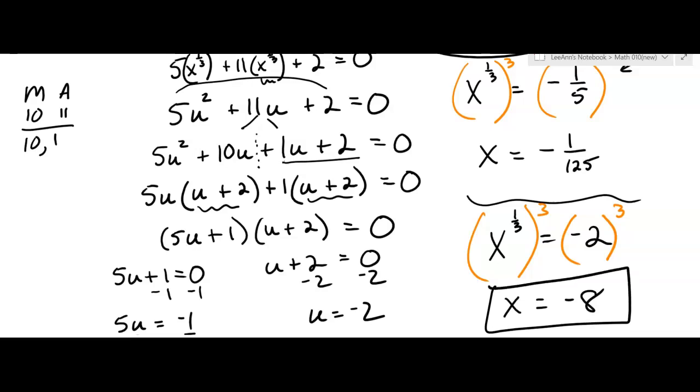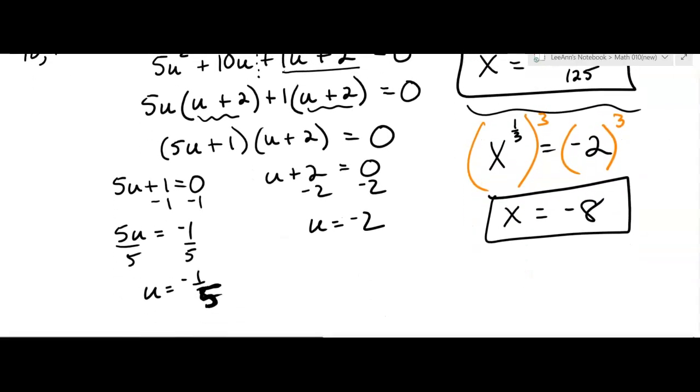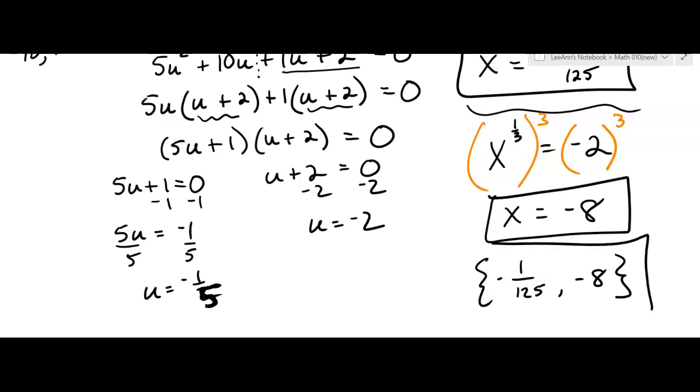So I get two solutions, negative 1 over 125 and negative 8. I don't have to check them because I was raising it to the 3rd power. It wasn't an even power, so I'm good. Because I raised it to the 3rd power, and that's an odd number, there's no chance of extraneous roots.